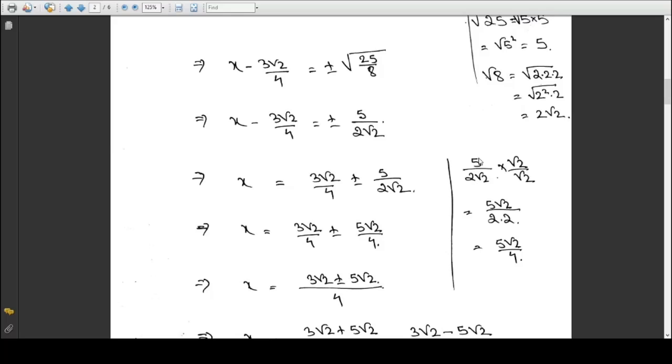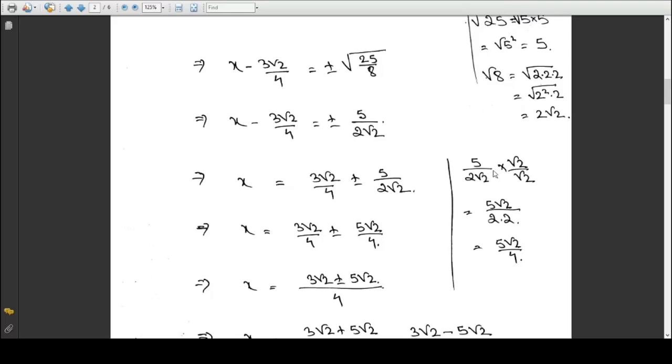This 5 by root 2 here I have written directly, but here on the right side I have given the simplification of 5 by root 2. How will we simplify this one? By rationalizing the denominator. 5 by 2 root 2.